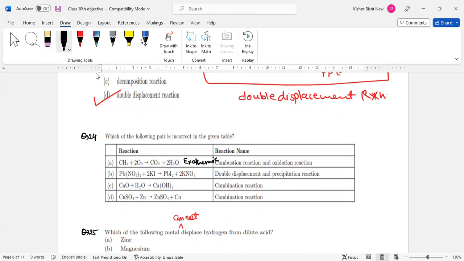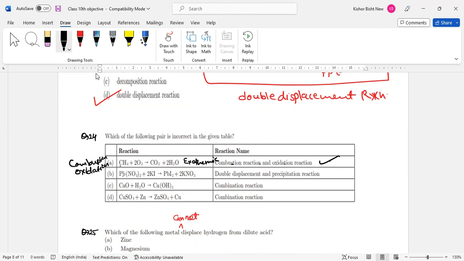Please remember, whenever any compound reacts with oxygen, that reaction is called a combustion reaction. Here there is addition of oxygen to CH4, so this is an oxidation reaction also. So this is combustion, oxidation, yes, and exothermic also. Please remember, the burning of any substance is mainly exothermic.